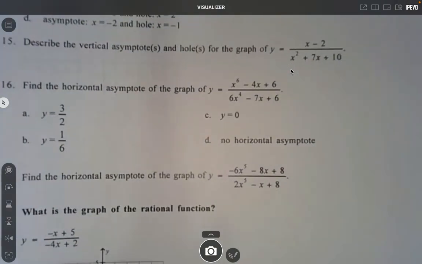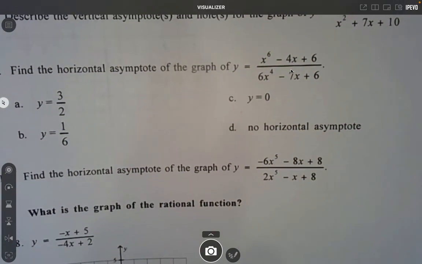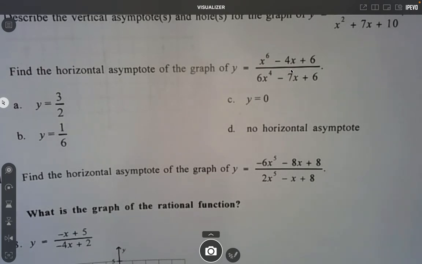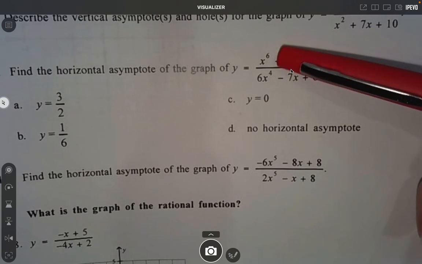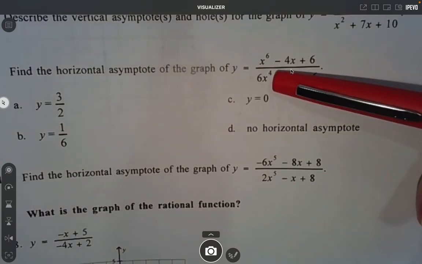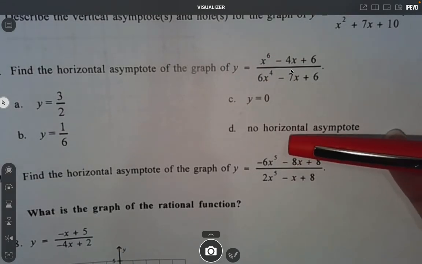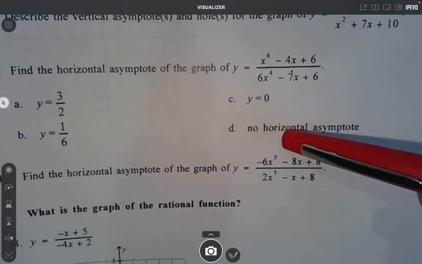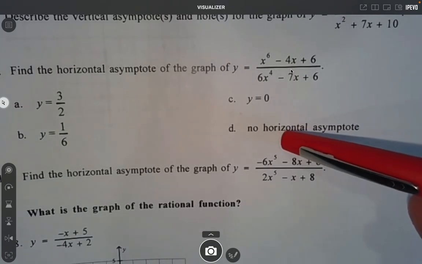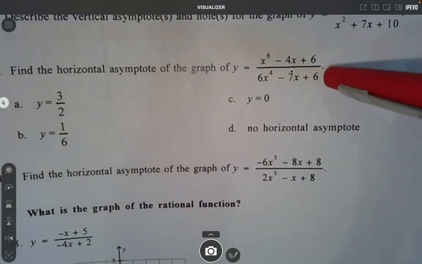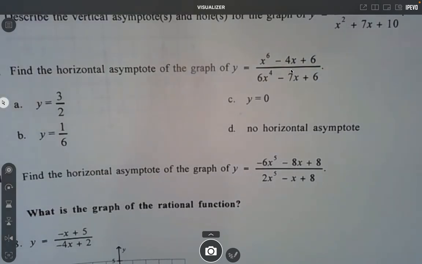On this one, you look at the degree. Do you see your degrees are 6 and 4? What's above the x here? That's what you're looking at. If the numerator is bigger, then your answer is none. If the numerator was smaller, then it would be 0.